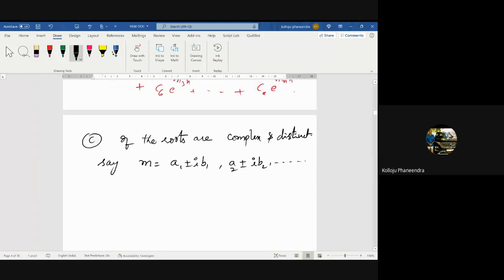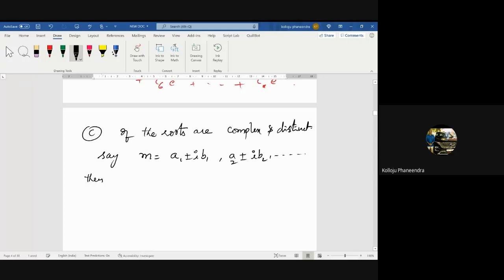I'm not listing all those. Then solution is y of x equal to, listen carefully, a1 is the real part. First thing, in a plus or minus ib there are 2 roots, a plus ib and a minus ib. So if a plus ib is the root, then its conjugate is also the root.